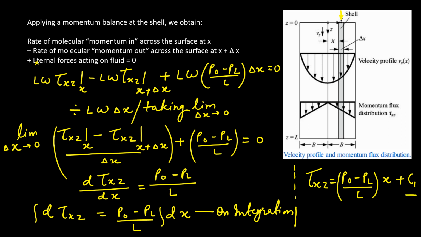Now to find the value of C1, we put boundary conditions. So what are the boundary conditions here? Tau xz is equal to 0 when x is equal to 0, right? No shear stress between the liquid and gas interface.